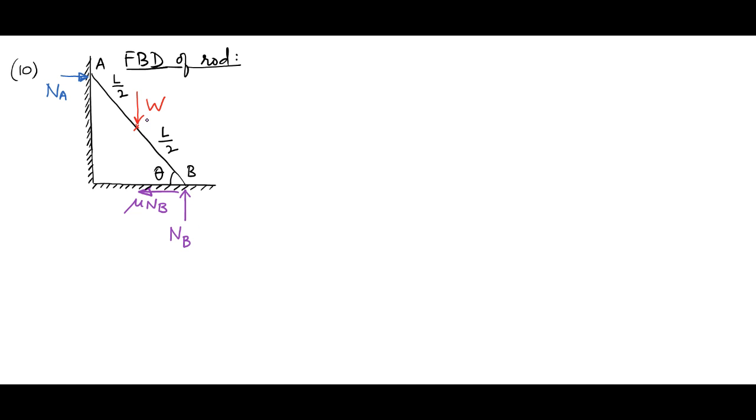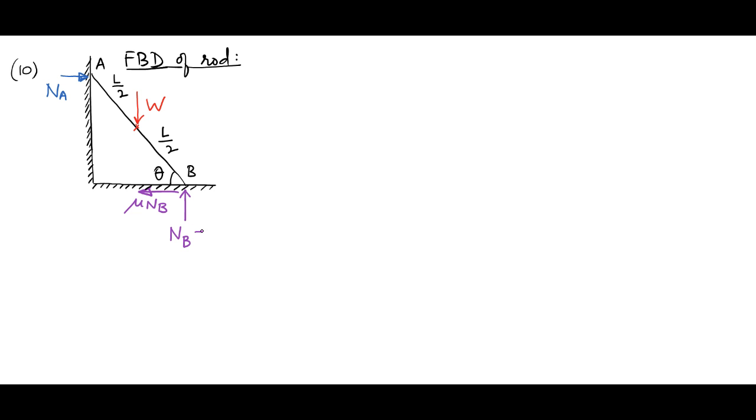So the first equation we'll use is sigma Fy is equal to 0. So the forces in the vertical direction must balance, and there are only two forces in the vertical direction. One of them is the weight vertically downward, the other is the normal reaction NB at the lower end.